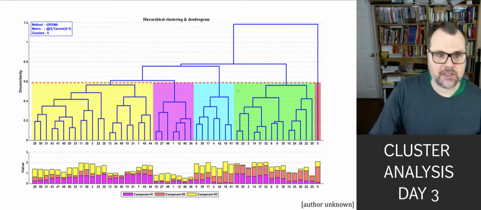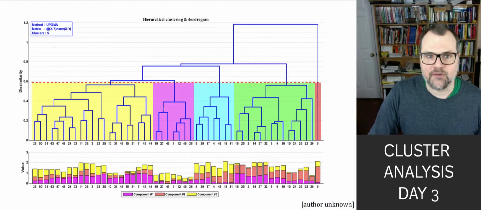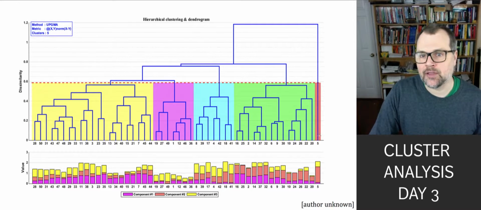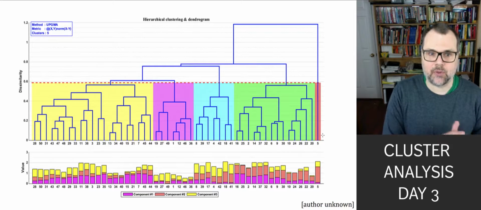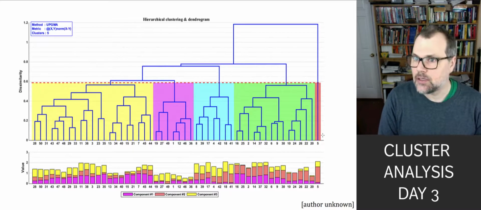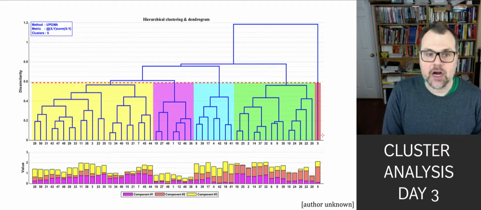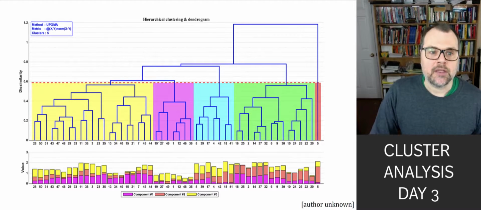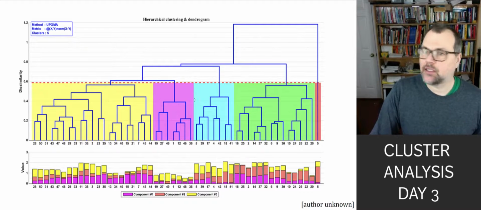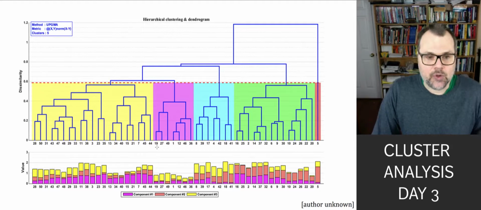You have this yellow cluster, this violet cluster, this blue cluster, this green cluster, and this standalone cluster here in orange. And the idea now is that if you look at these, you should be able to recognize things that they have in common. Like if you were to try to describe the observations in the violet cluster here, how would you describe them?